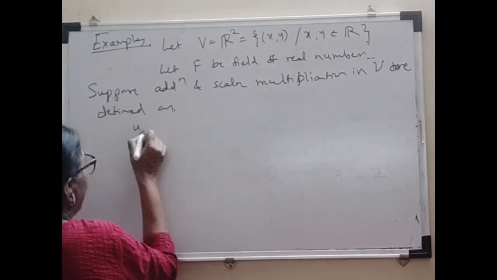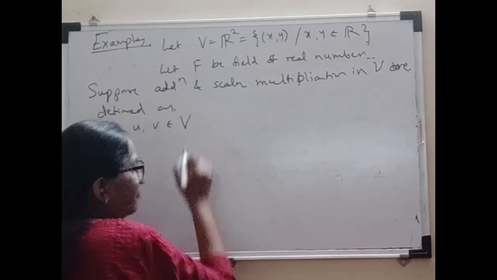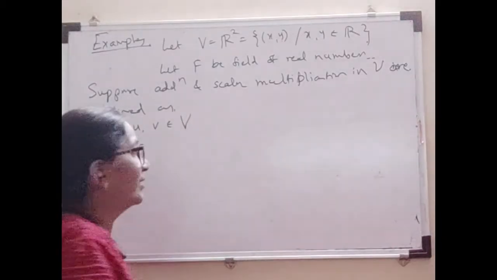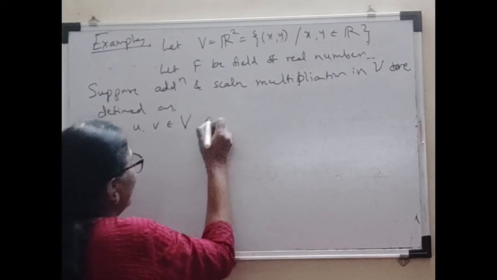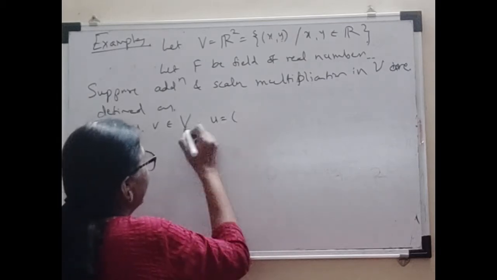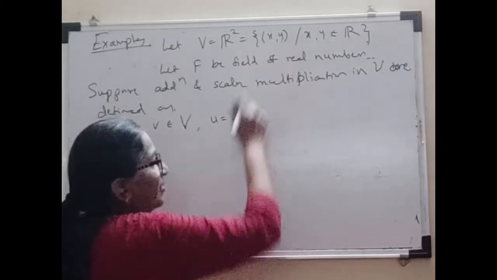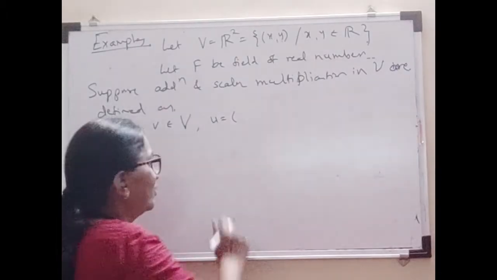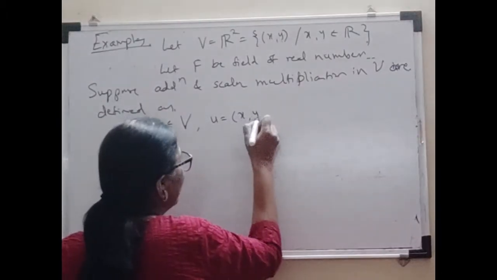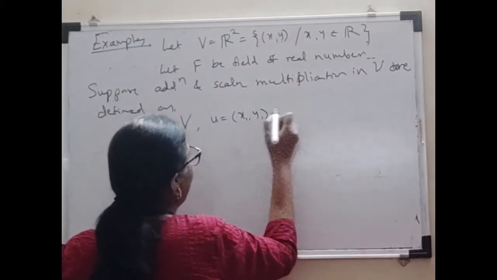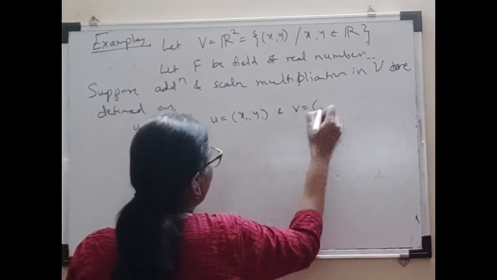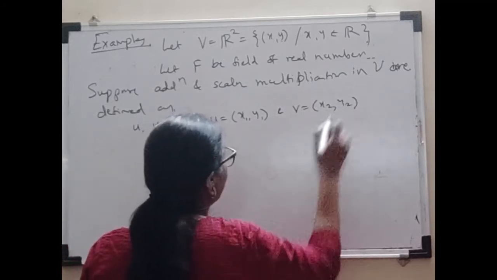Suppose u and v are any two members of V, and every member of V is an ordered pair. Suppose u is equal to some ordered pair (x1, y1) and v is equal to some ordered pair (x2, y2).